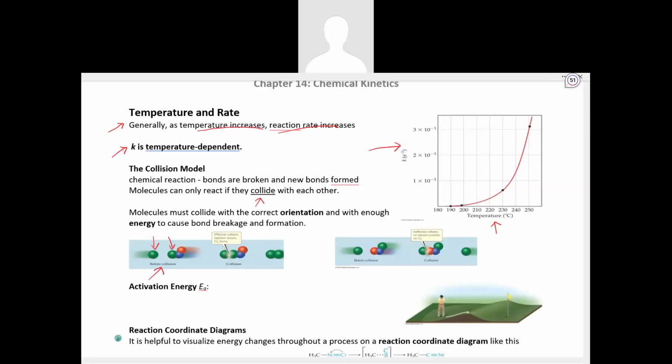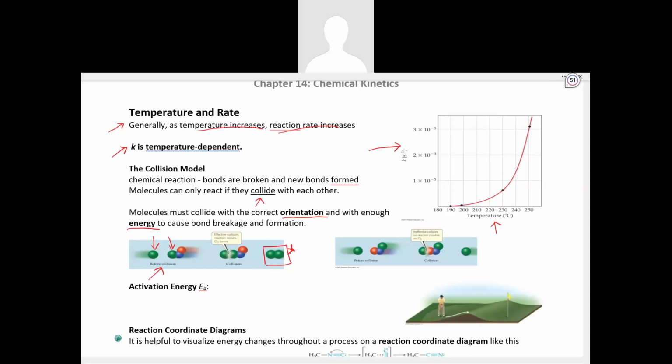So when they collide, if they are in a proper orientation, a reaction will occur. So that's what we see here. We see this new product formed. These reactants collided with the correct orientation and also the right amount of energy.